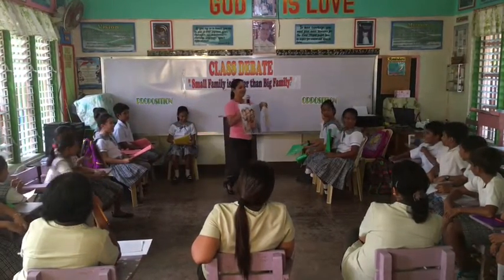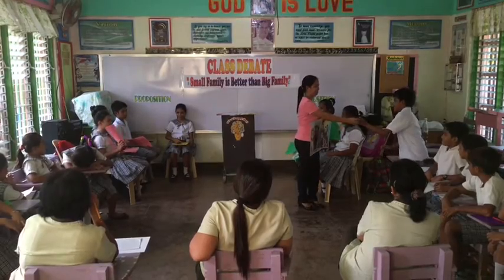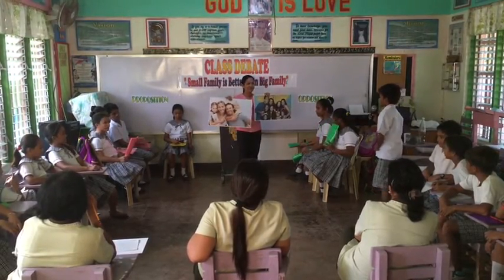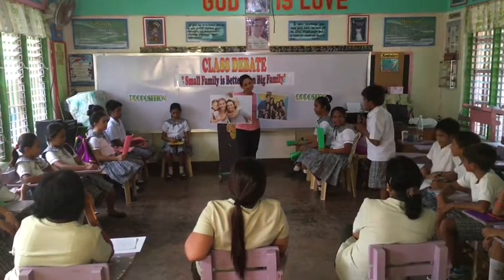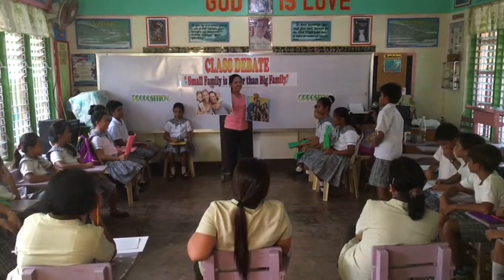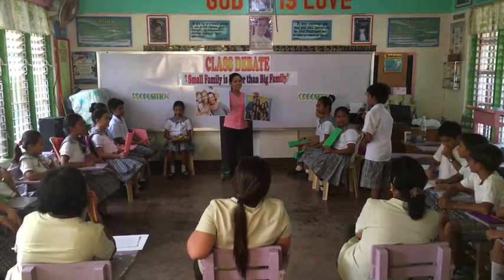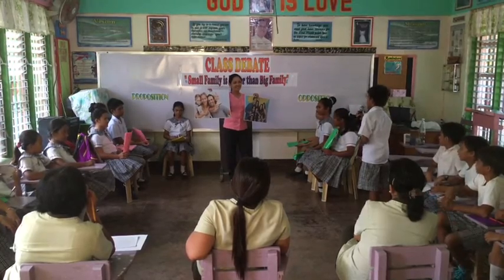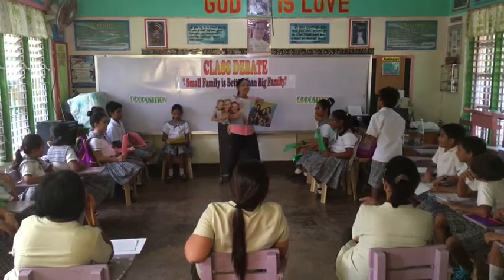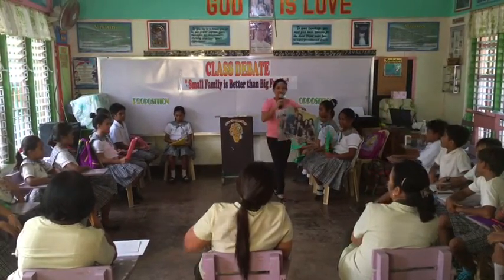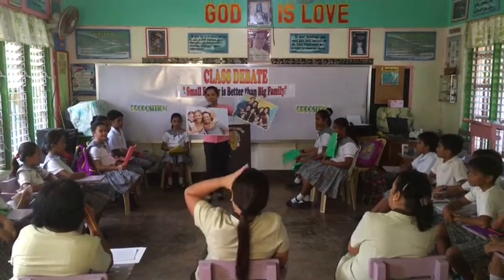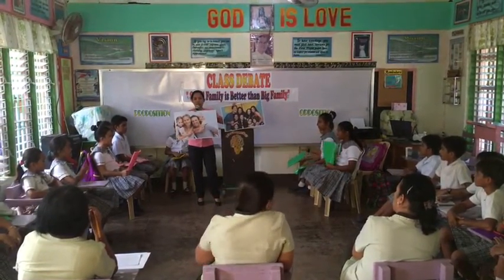Michael. The picture on the left is a small family. The picture on the right is a big family. Okay, so this picture shows a small family. This picture shows a big family.